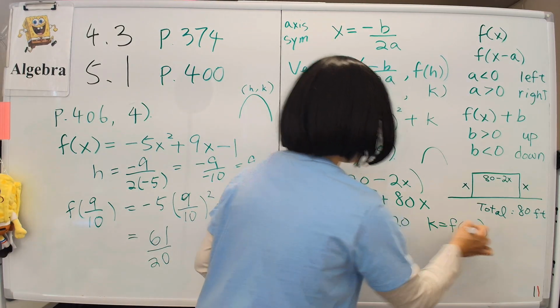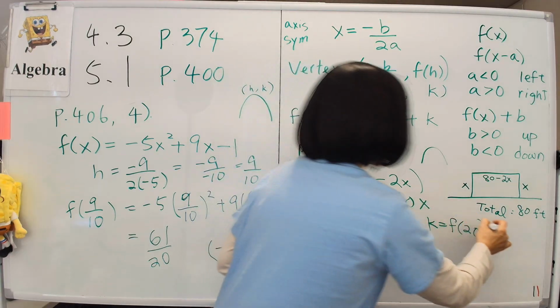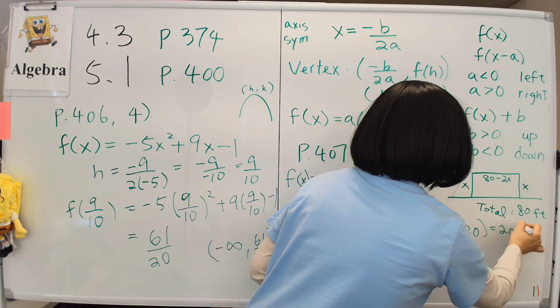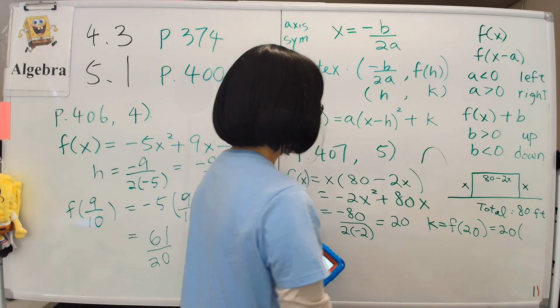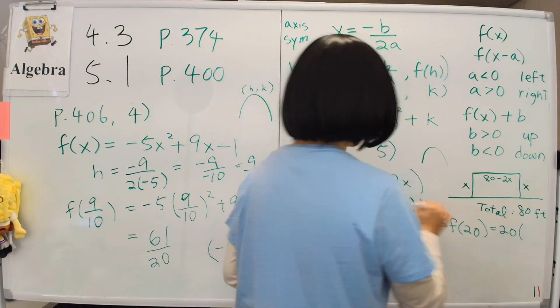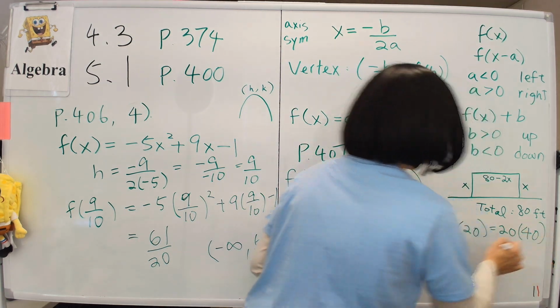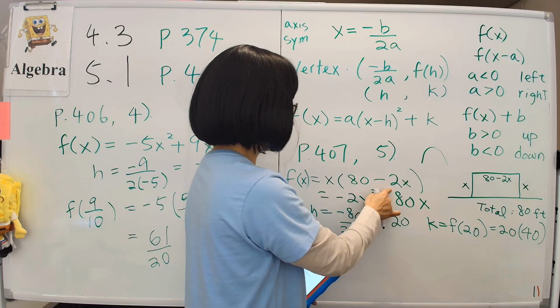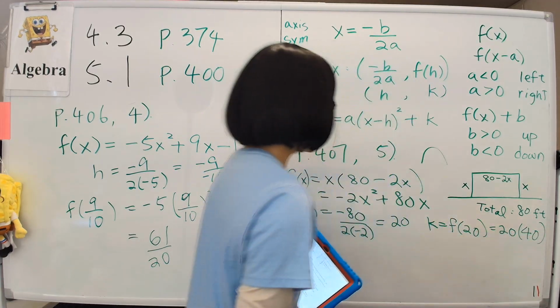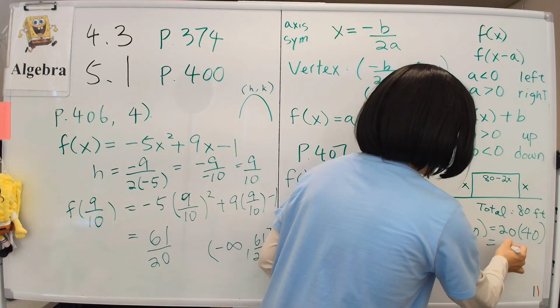So we're going to need to plug 20 in here. So that's 20 times 80 minus 2 times 20, that's 40. If I didn't mess up. So plug 20 in here, 80 minus 40 is 40. So it should be 20 times 40. All right, so k equals 800.